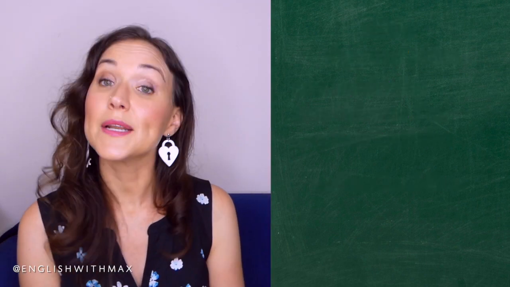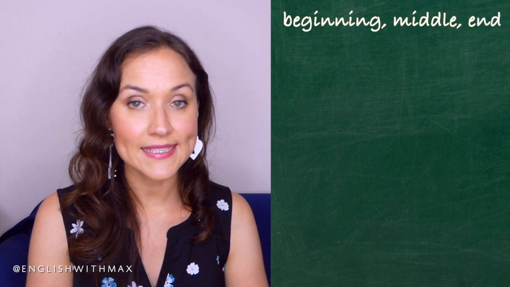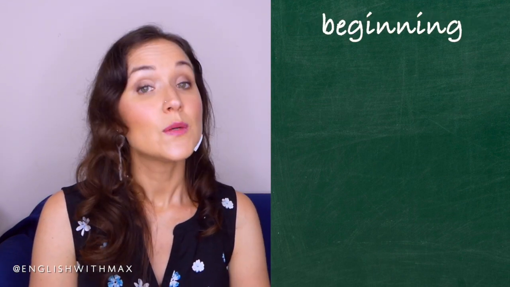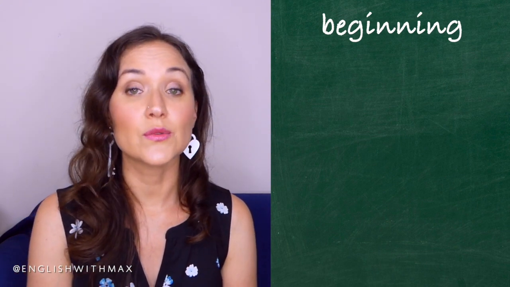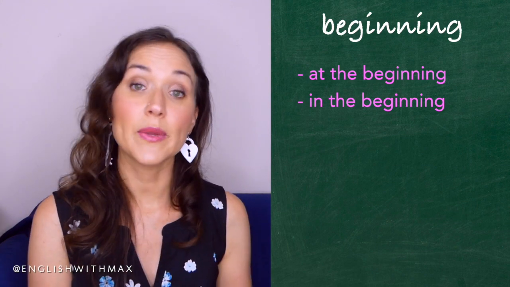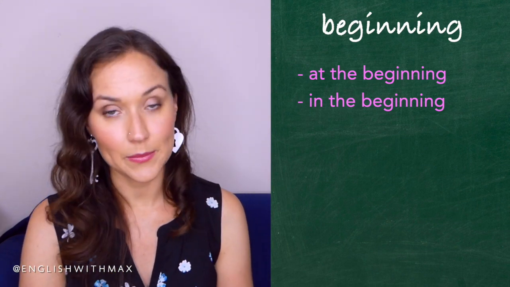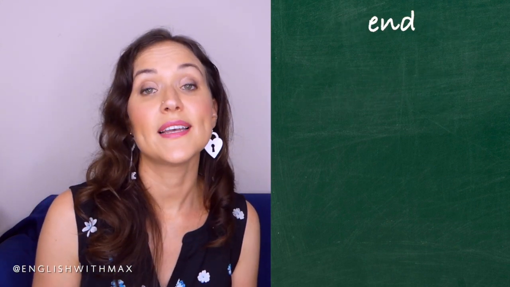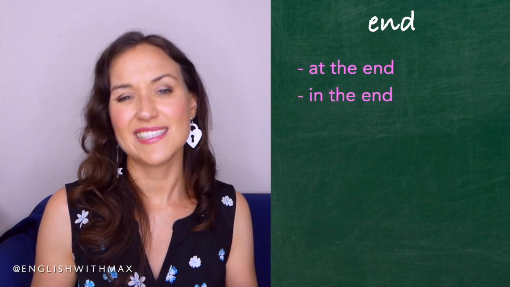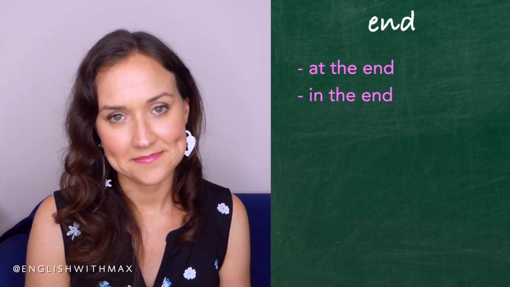Now we're going to look at what we use with beginning, middle, and end. With beginning, you can either use at or in. So, at the beginning or in the beginning. You can also say at the end or in the end, but there's a small difference in meaning.